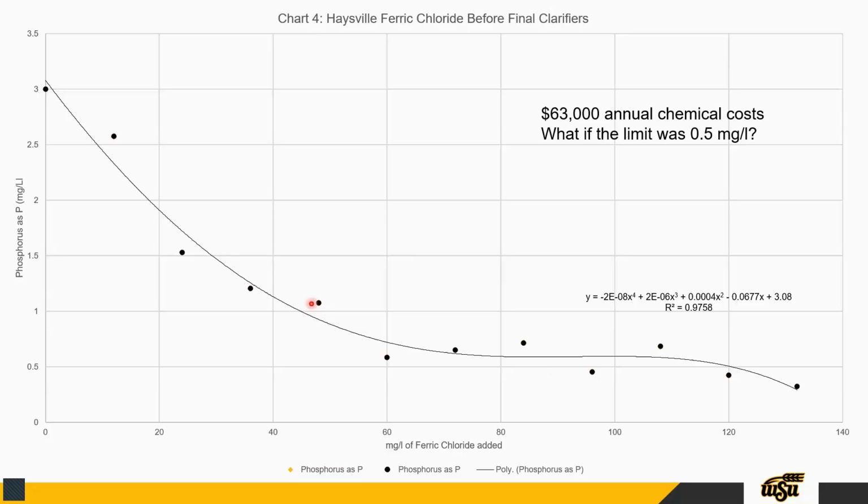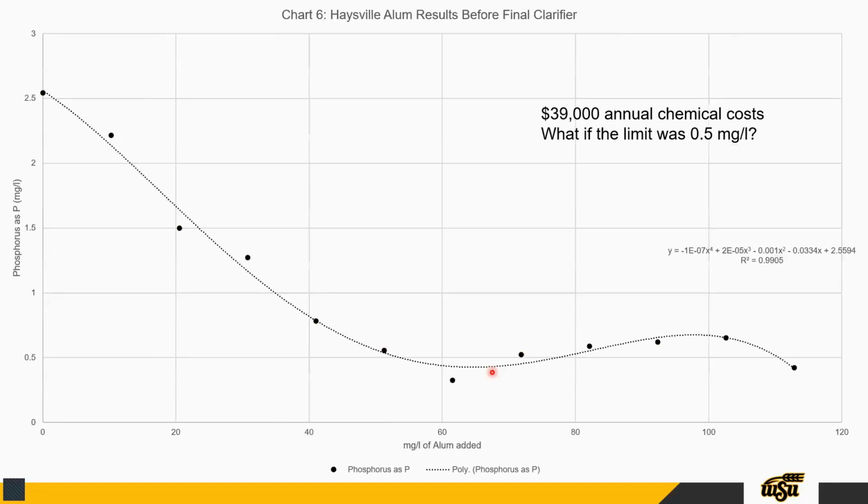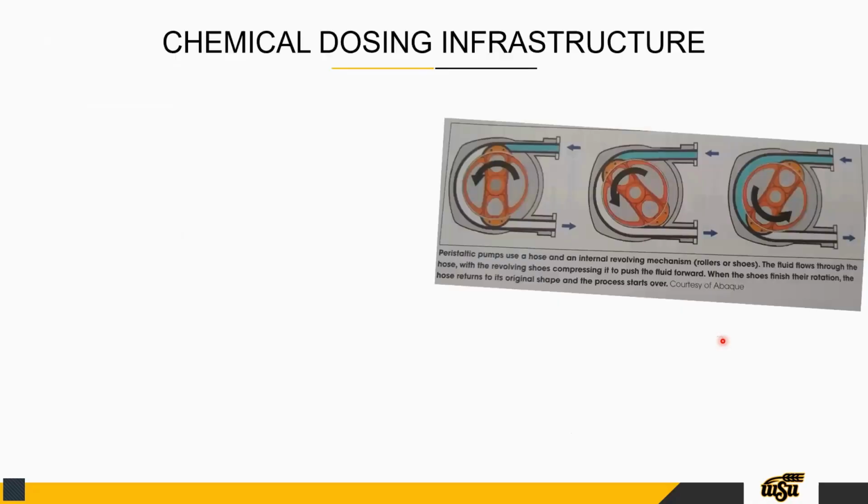So it works if your limit is 1 mg per liter, but if you need to get to 0.5 mg per liter, you need to find something else. Likewise, we saw about half the cost with alum there at Hayesville, but we weren't able to really get below 0.5 mg per liter with the jar test. So for the time being, Hayesville has options dosing before the final clarifier if need be to meet their limit.